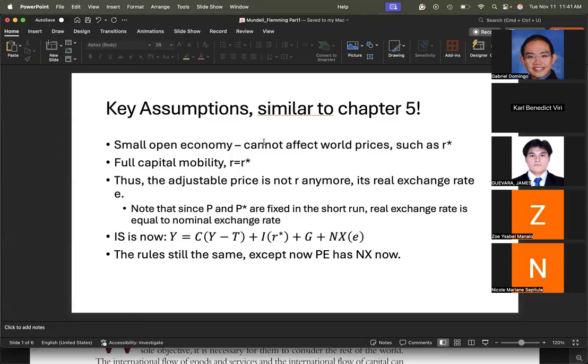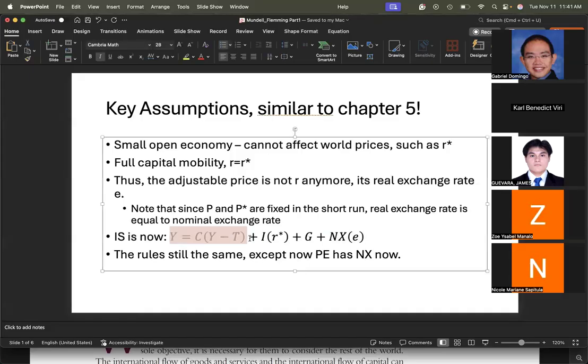IS, I think, becomes super easy because now here's the IS curve, which is also the equilibrium of goods and services or the loanable funds equilibrium. What can you turn this into? NX equals, what again?